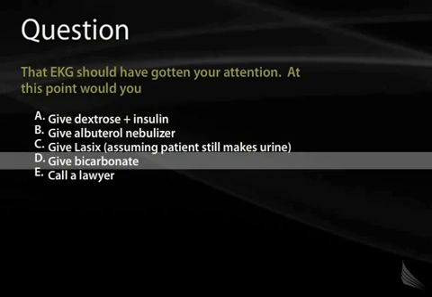Beta-2 agonists will bind to a beta-2 receptor. These beta receptors are coupled to G proteins, which will drive the production of cyclic AMP. Cyclic AMP in many cells will increase the activity of the sodium-potassium ATPase, shifting potassium from the extracellular to the intracellular space, dropping extracellular potassium levels.